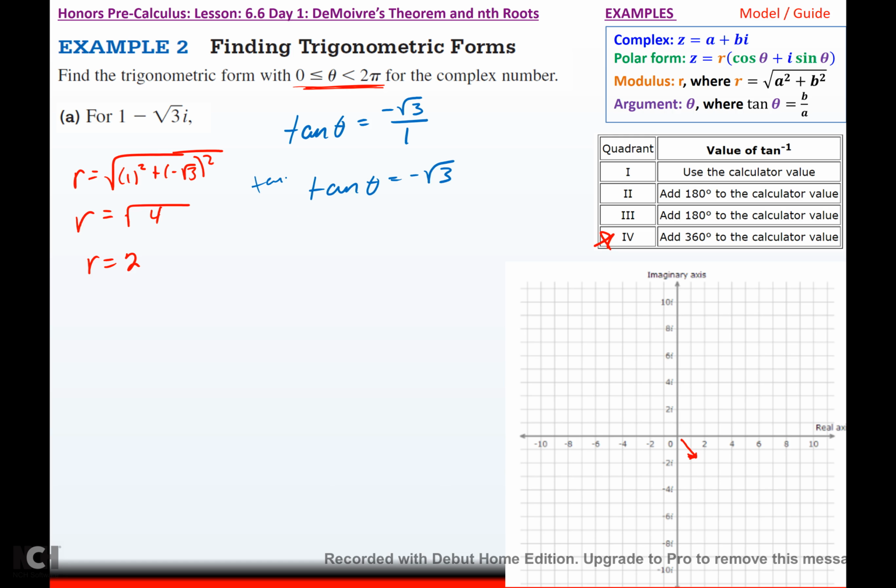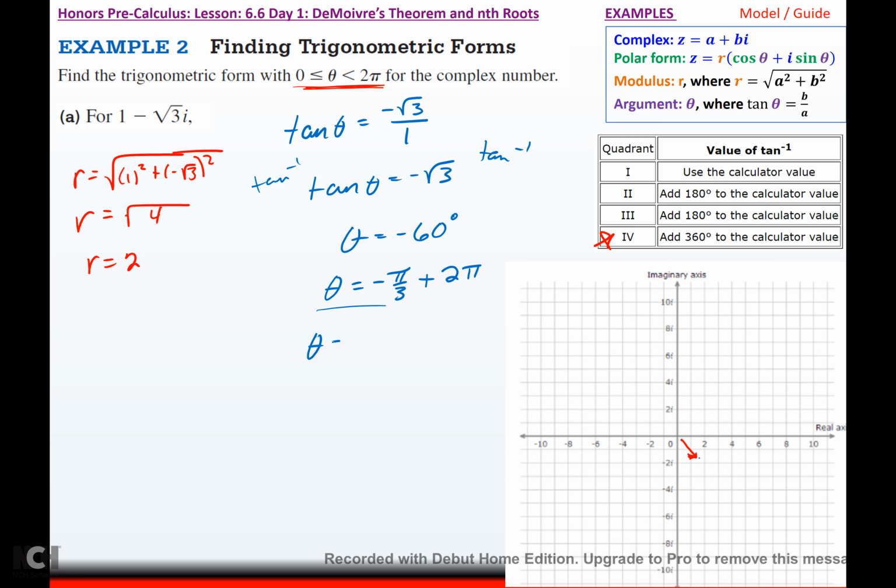If I arctan this in degree mode, I get theta equals negative 60 degrees, which is negative pi over 3. But my point's in quadrant 4, which so is this, but it's got the wrong sign, so I'm going to add 360 to it, and in radians that would be 2 pi.